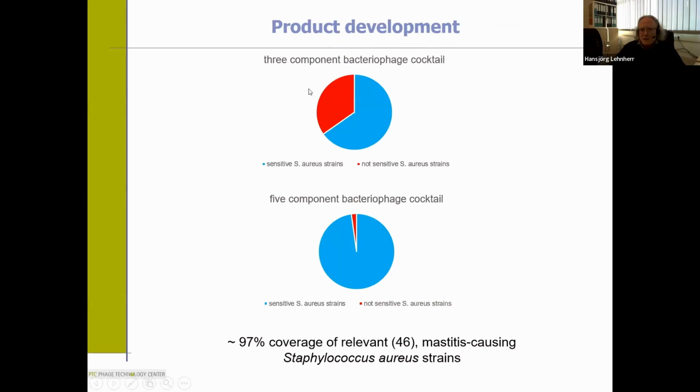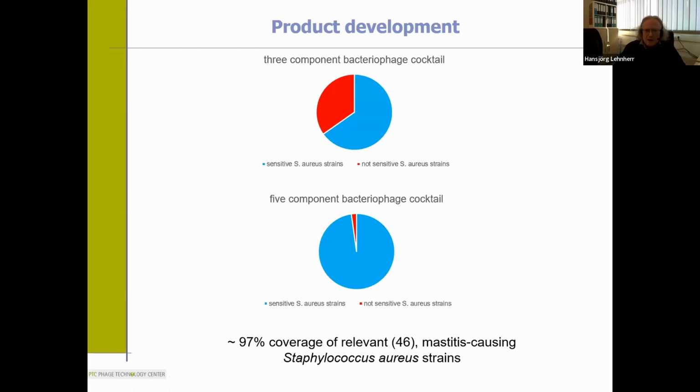And as you see, if you take a 3-phage cocktail, we have about 60% coverage. But if we use a 5-component phage cocktail, we cover 97% of the mastitis-relevant strains. That is pretty good as a start.